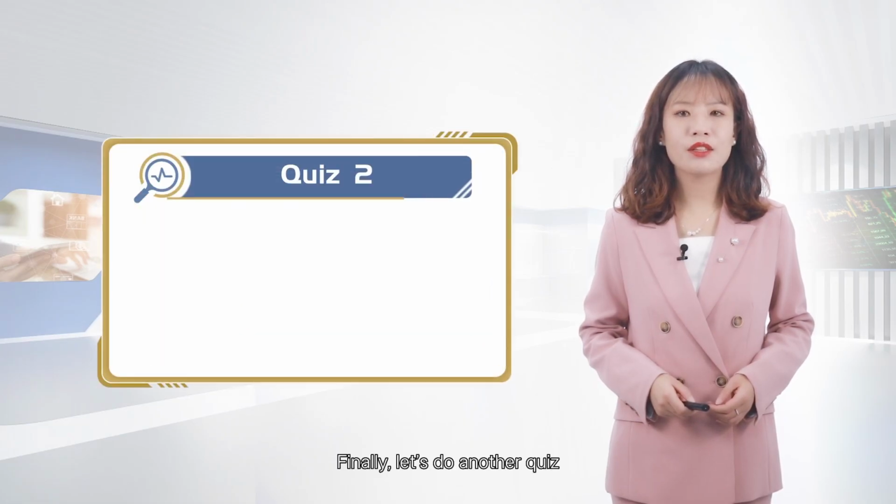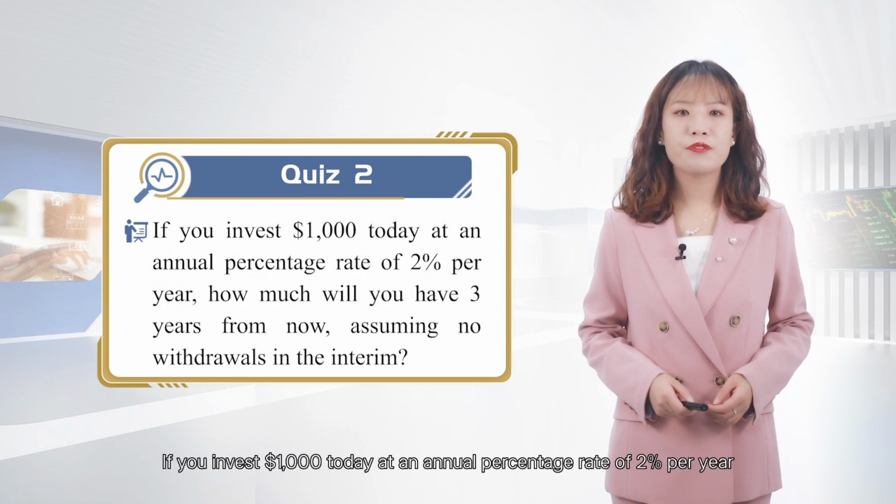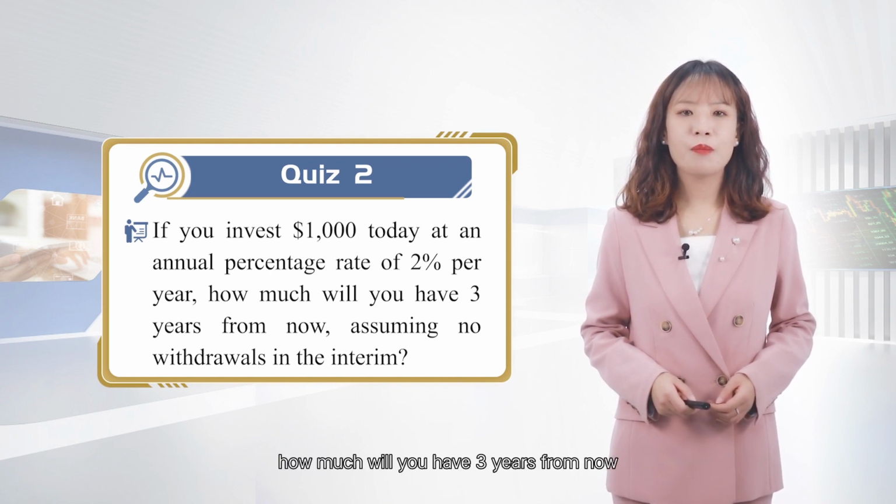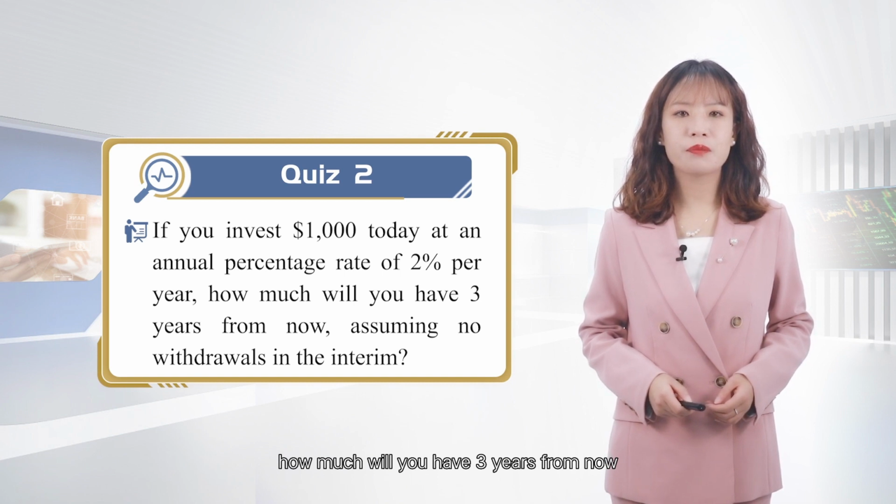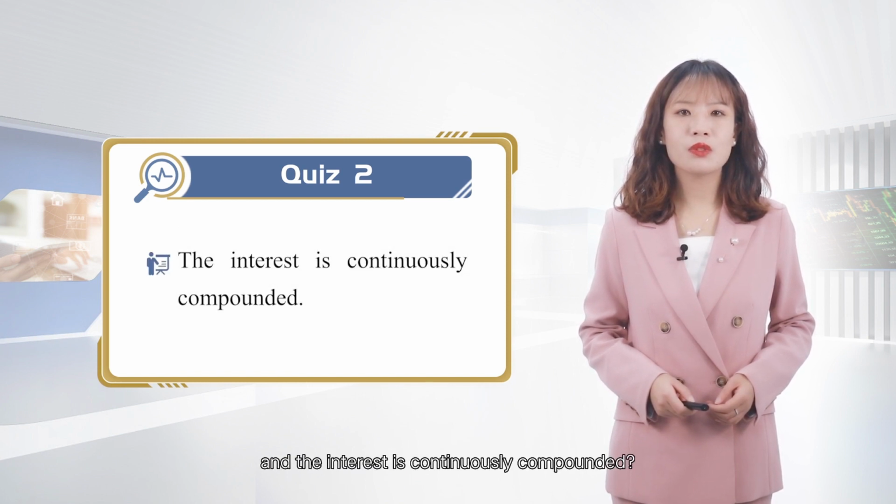Finally, let's do another quiz. If you invest $1,000 today at an annual percentage rate of 2% per year, how much will you have 3 years from now, assuming no withdrawals in the interim and the interest is continuously compounded?